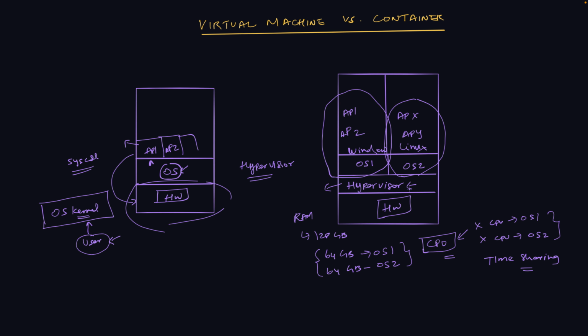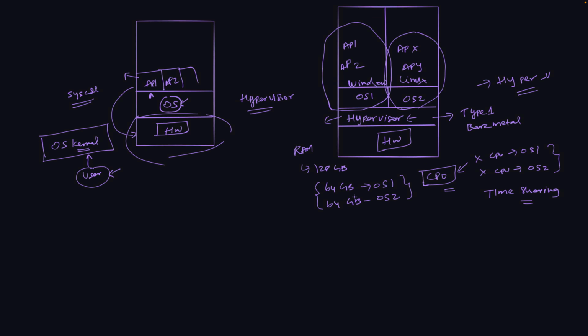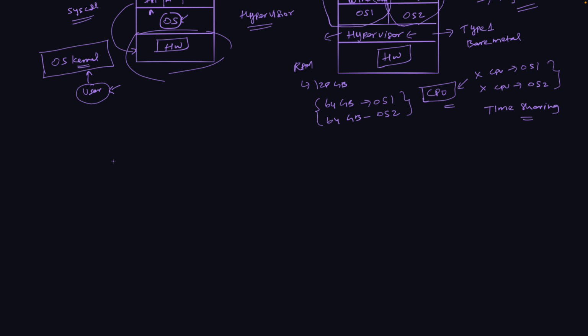So this type of hypervisor, which directly runs on hardware, is called type 1 hypervisor, also called bare metal. Okay, so an example for this type of hypervisor is Hyper-V. There is another type of hypervisor which is called type 2.